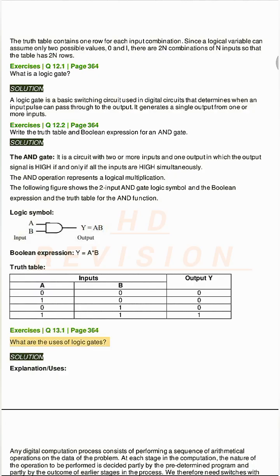Exercises Q13.1, page 364. What are the uses of logic gates? Solution. Explanation. Uses. Any digital computation process consists of performing a sequence of arithmetical operations on the data of the problem. At each stage in the computation, the nature of the operation to be performed is decided partly by the predetermined program and partly by the outcome of earlier stages in the process.